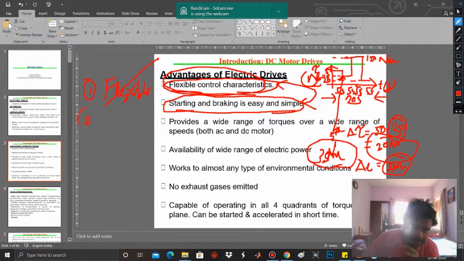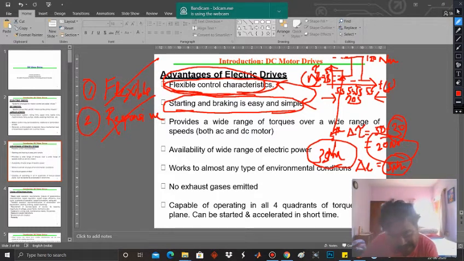Number two, your electric drive control system is not responsive. Because had it been responsive, you would have obtained the correct value of 30 Newton meter at the 5th second, but you are getting 35 Newton meter.